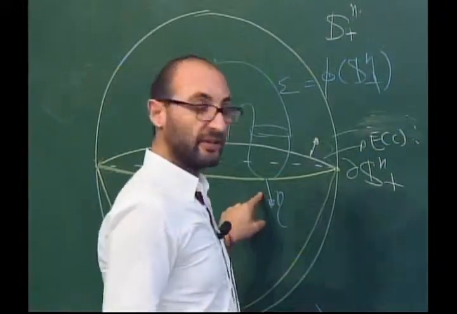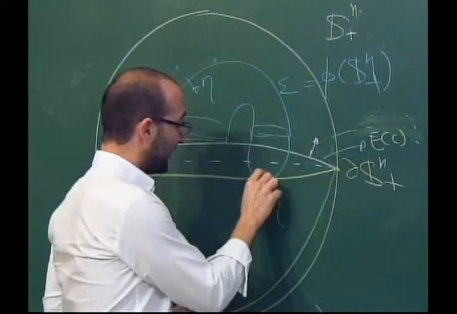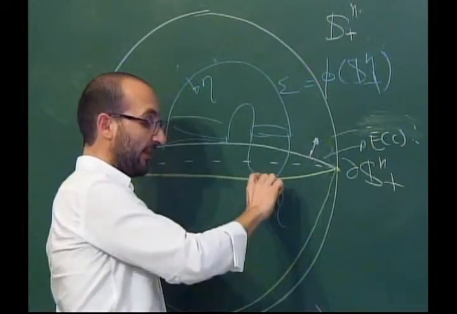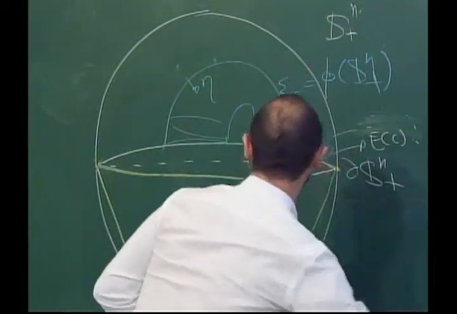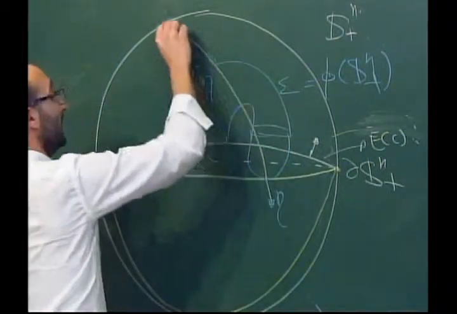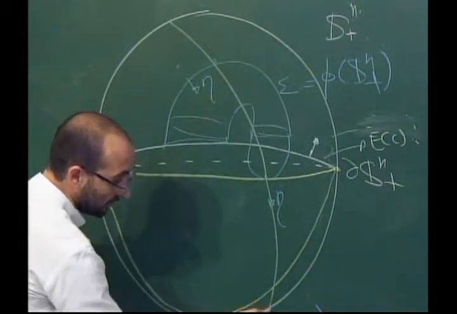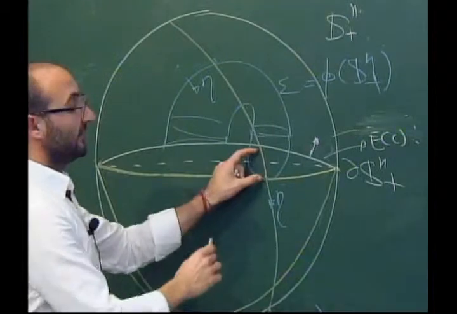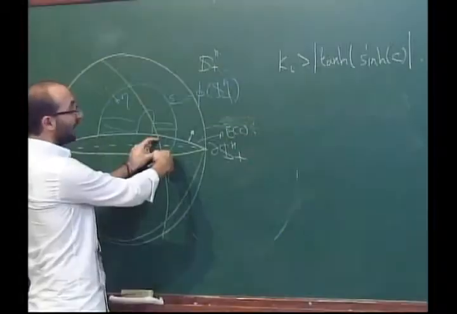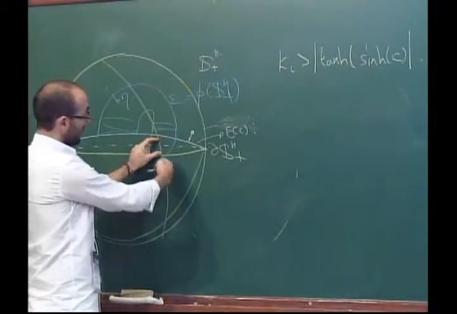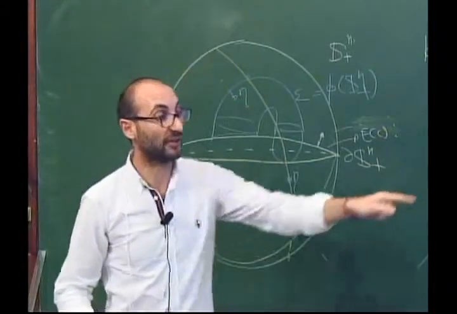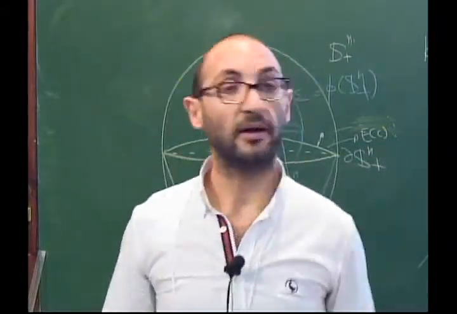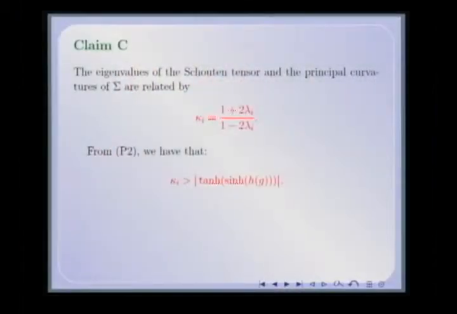Why does it have to point in this direction? Because the hyperbolic Gauss map takes this point with the normal in the opposite direction. So it should go here or here. If the normal points up, the hyperbolic Gauss map, as we defined, goes to the lower hemisphere. But that's a contradiction with how we constructed the hypersurface and the property of the hyperbolic Gauss map.